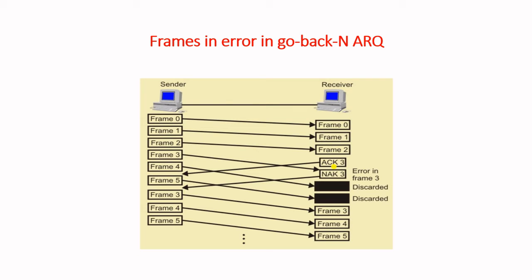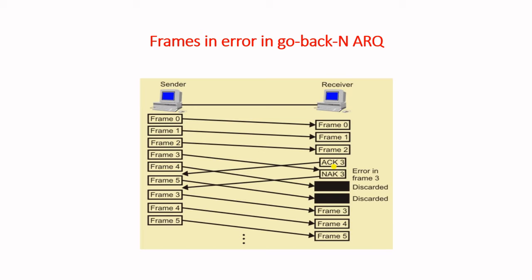So in this diagram it is shown frames in error in go back N ARQ. There are sender and receiver. There are frames 0, 1, 2, 3, 4, 5.